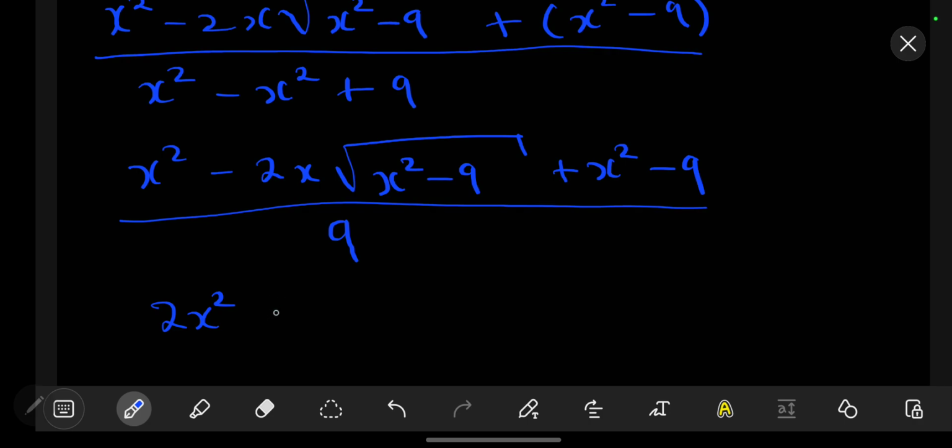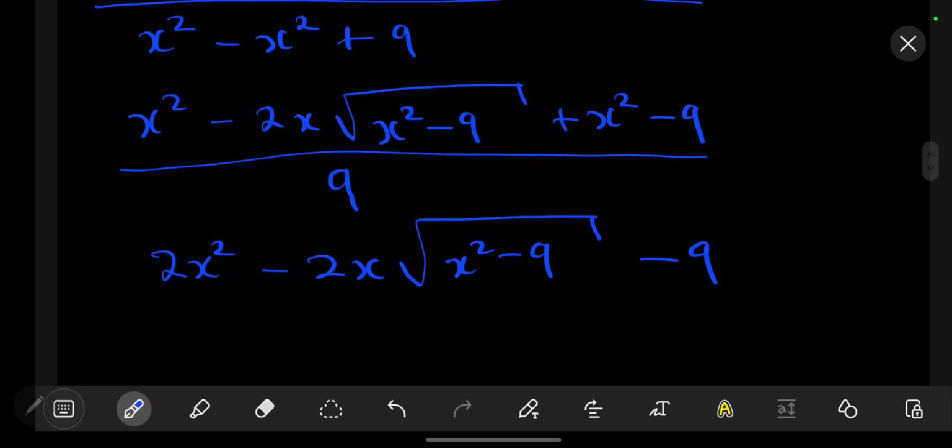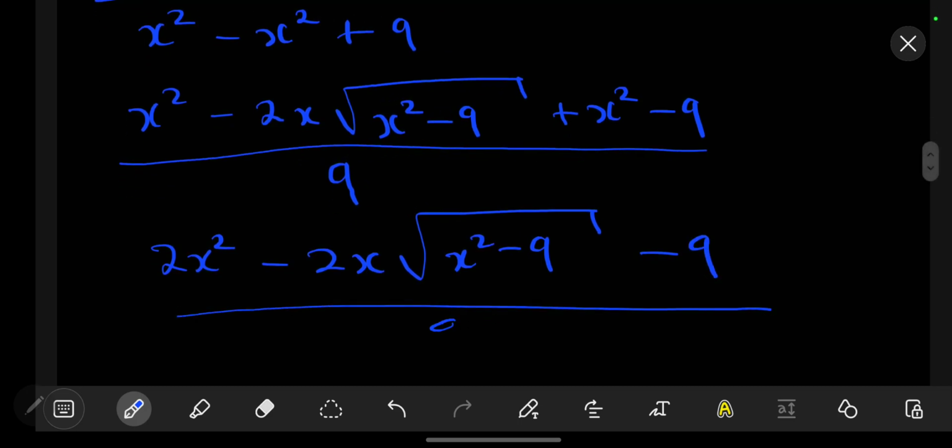Then we are going to say minus 2x square root of x squared minus 9, like that, because x plus x will be that. Then we have minus 9 over 9, like that. That means that we have solved that one.